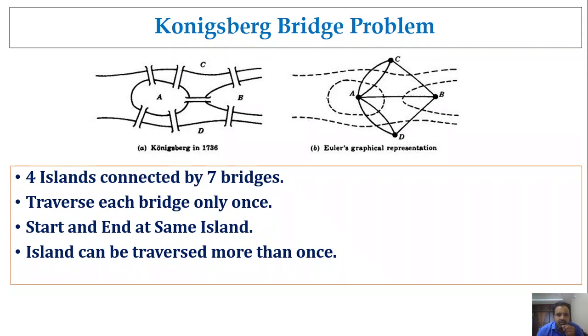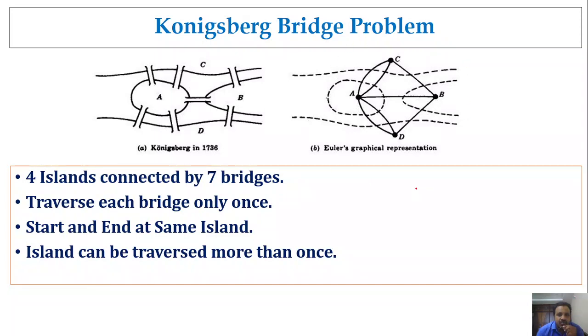We came to a conclusion that this problem was solved by Euler, who said it cannot be solved because of the odd degree of the nodes. Euler proved that this problem cannot be solved by applying the concept of graph theory.